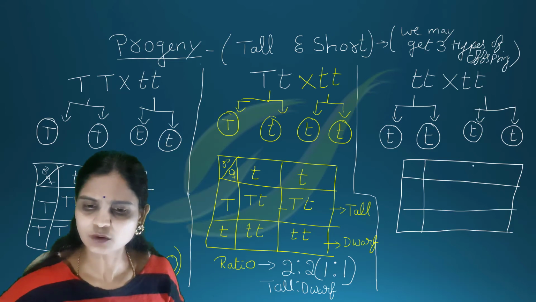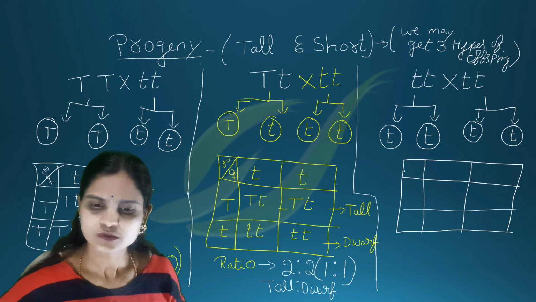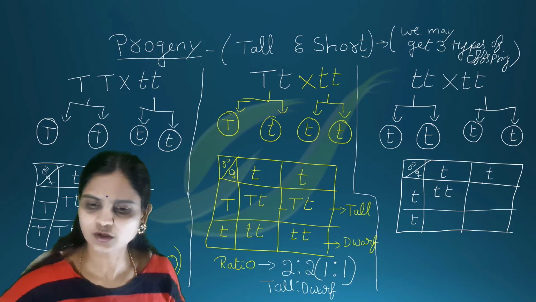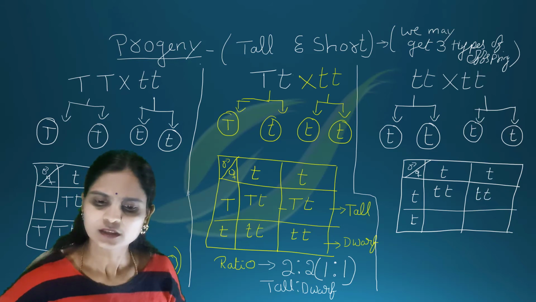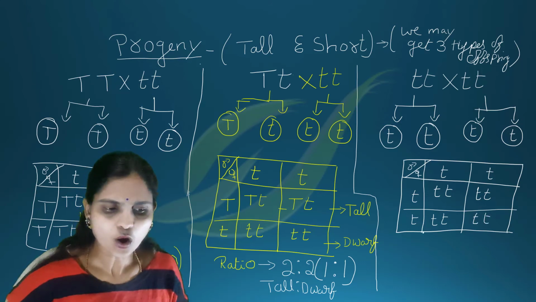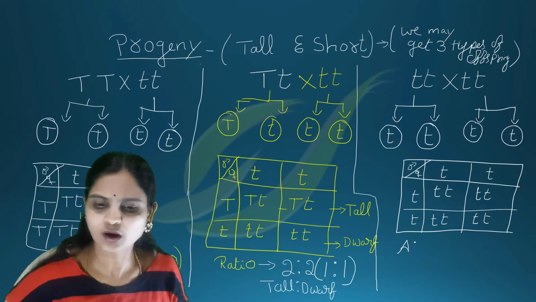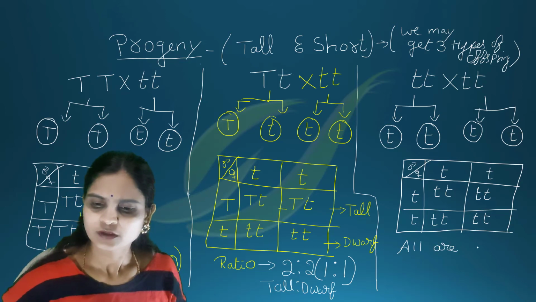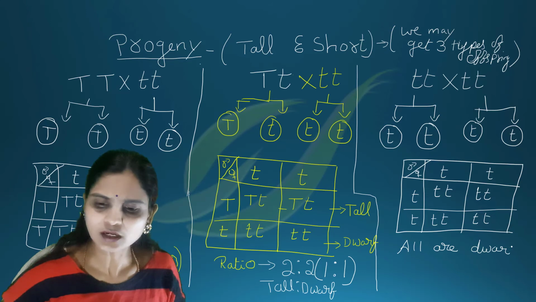Male and female, in both cases it is small t. So t into t, here also small t, this t is multiplied with this t, again you are getting tt. So all the plants obtained are dwarf.